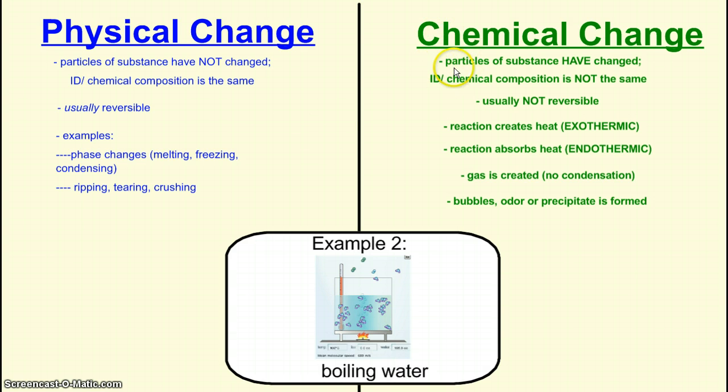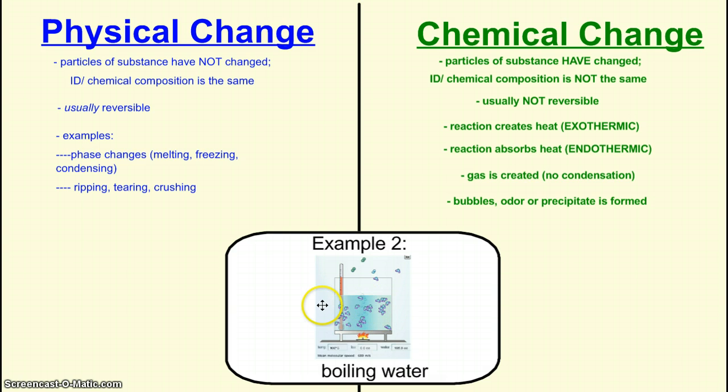I'm looking over at the chemical side again. Let's see. A gas is created. Bubbles are created. Creates heat. That's 3 bullets that seem to connect to this picture that I'm seeing. However, if I look a little more closely, the reaction creates heat.